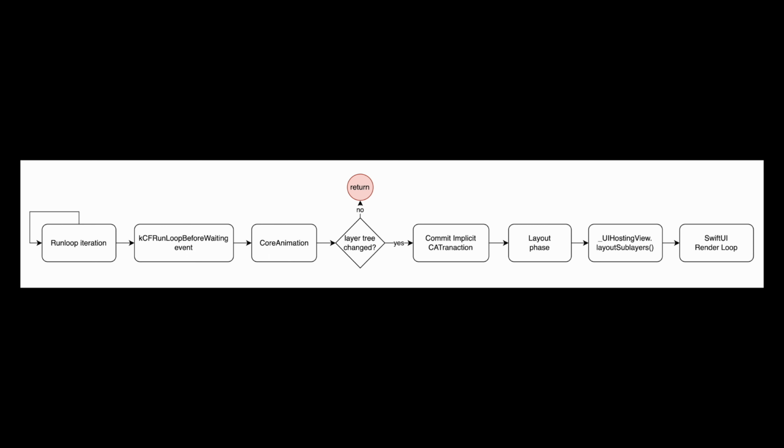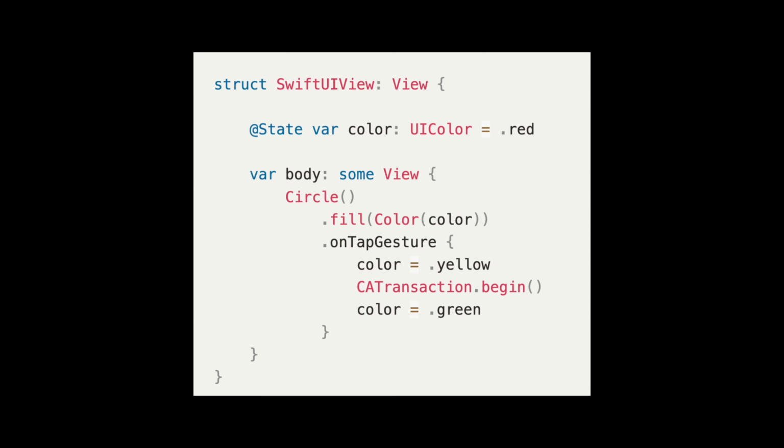You can observe the connection of SwiftUI and CA transaction with a simple example. We can add the CATransaction begin method in the onTap gesture. I strongly recommend you not to use CATransaction with SwiftUI in your codebase, it's just a demonstration example, just for fun.